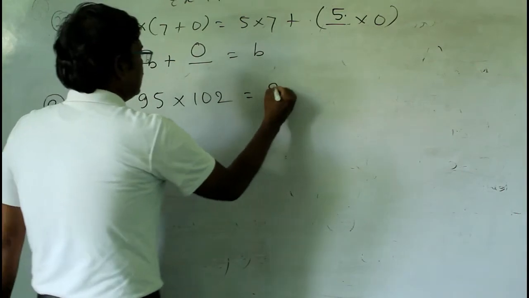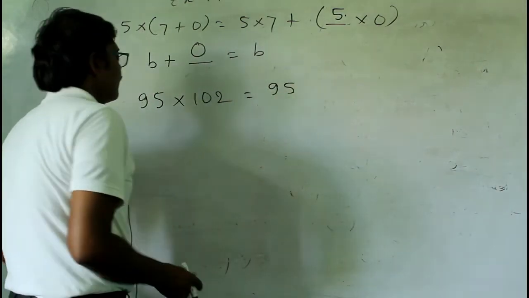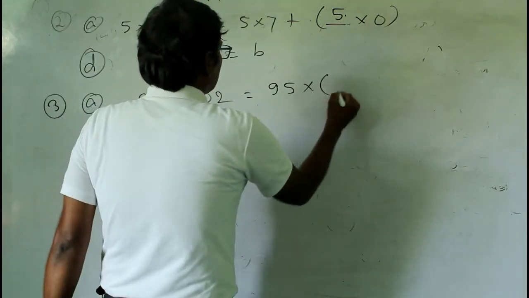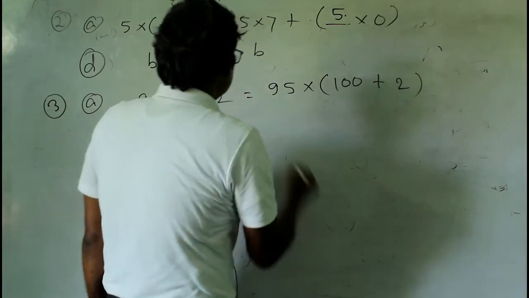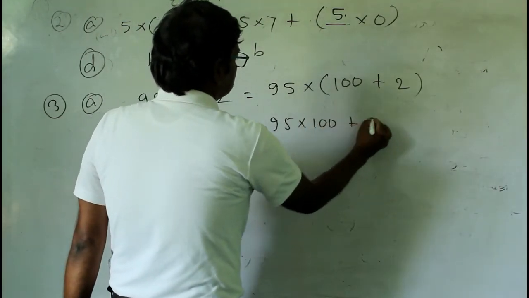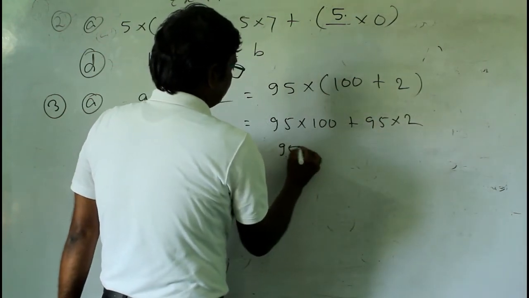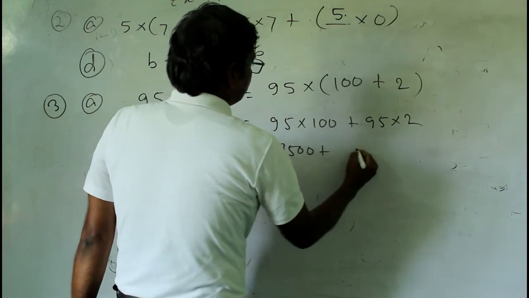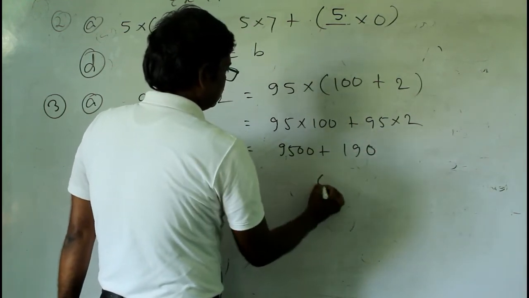Here you can write this as 95 into 100 plus 2. Okay, then it will be 95 into 100 plus 95 into 2. So it is 95 100 plus this will be 190, and then add here.